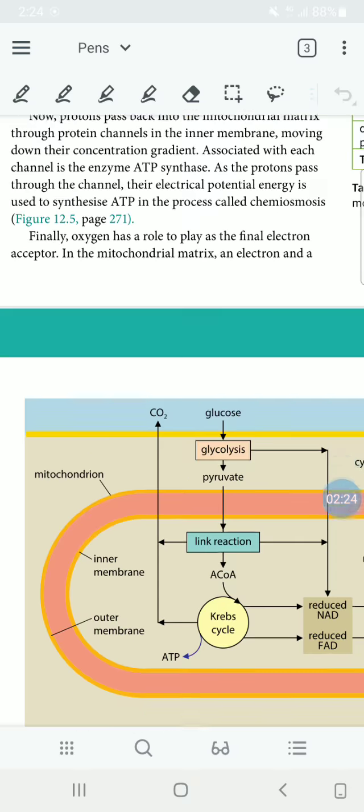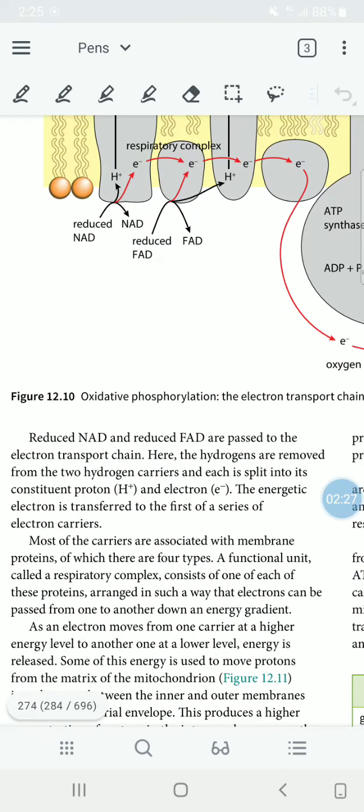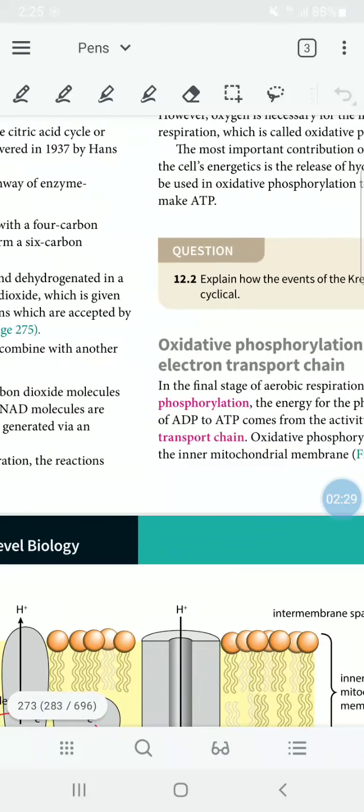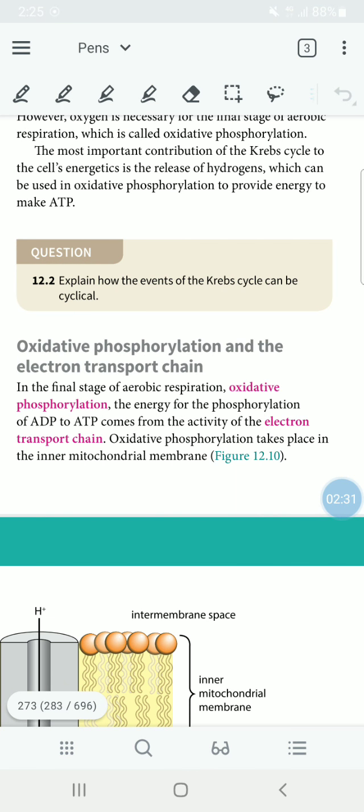Let's write a note out of what we learned. Write down oxidative phosphorylation and the electron transport chain.